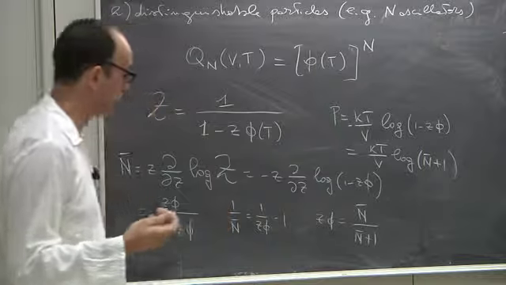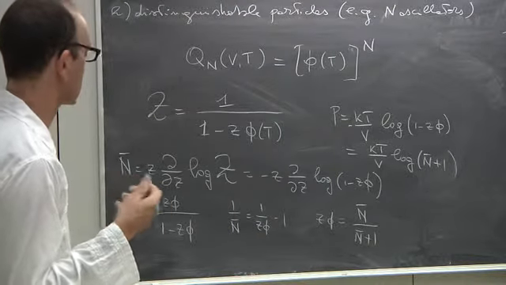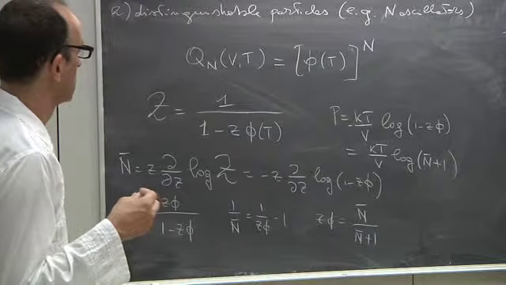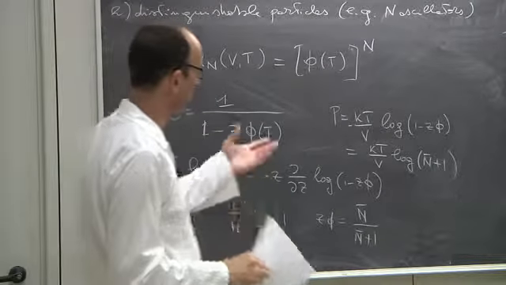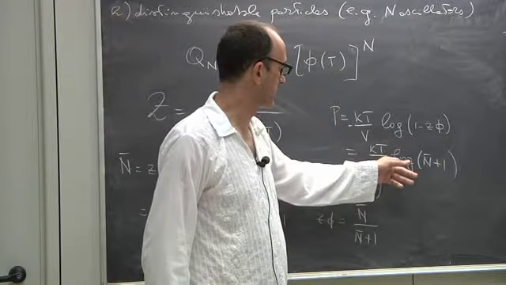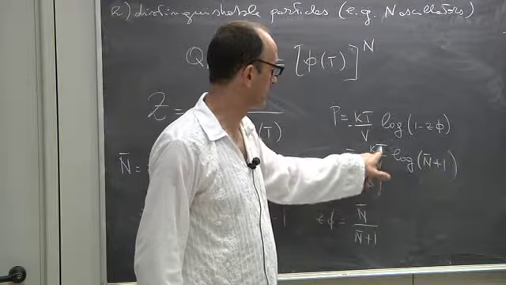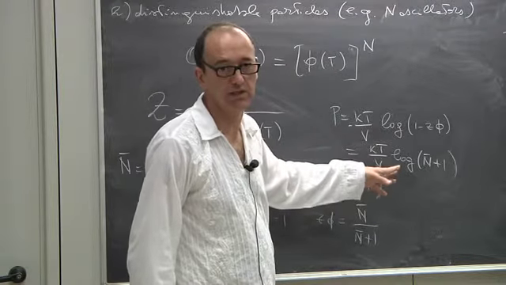So you see the pressure essentially is of order 1 over V, so essentially it is equal to 0.